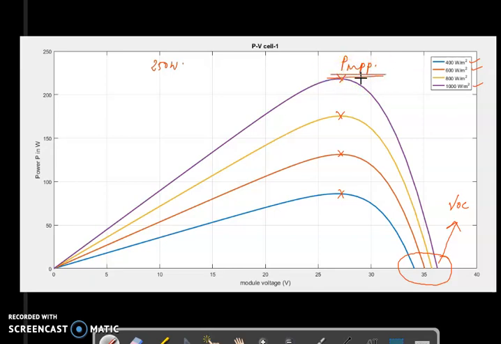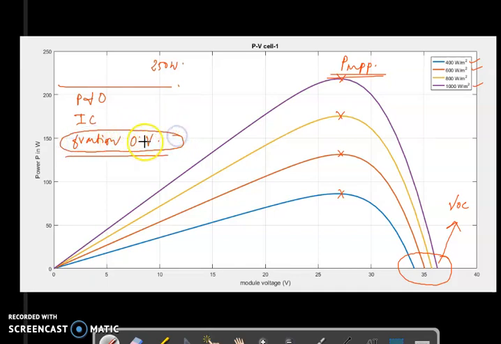There are different types of MPP techniques available in the literature. They are perturb and observe, hill climbing, incremental conductance, fractional short circuit current method, and fractional open circuit voltage method. These are the most common MPP techniques available in the literature. In this video I am going to explain the fractional open circuit voltage method to trace the peak, the pinnacle of this PV curve.